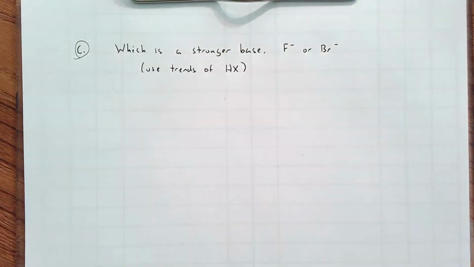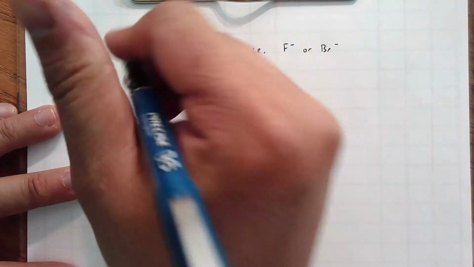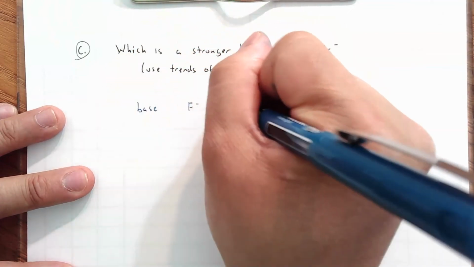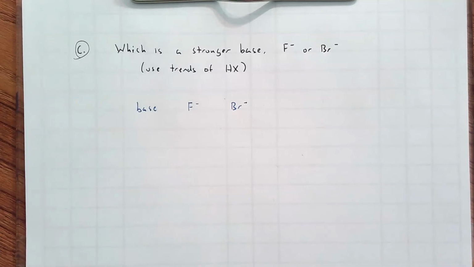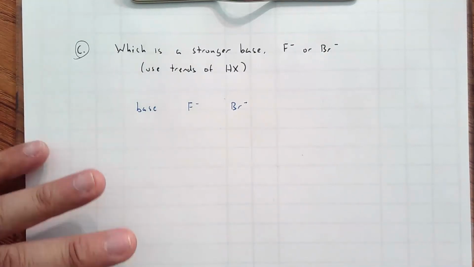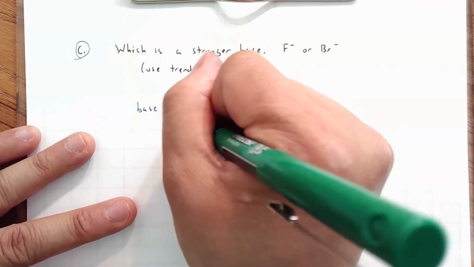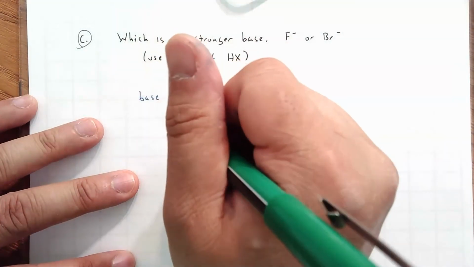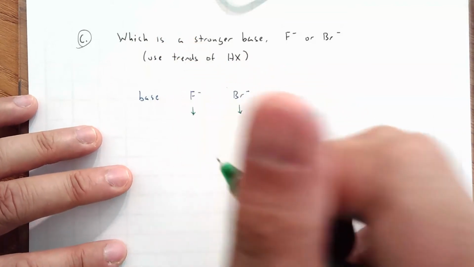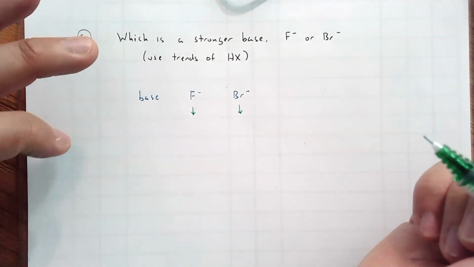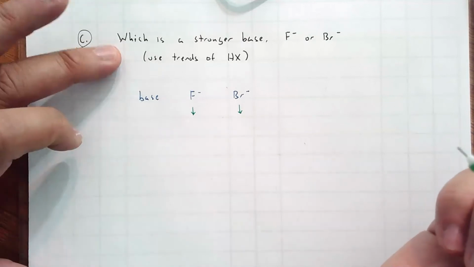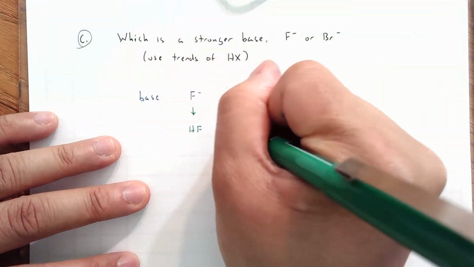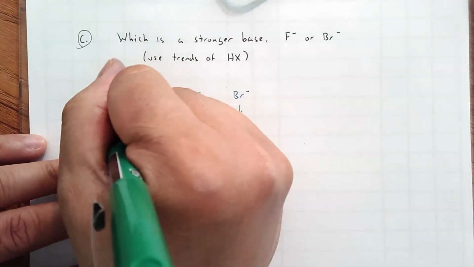Hydrogen halide. Okay, again, do this stepwise. You have your base that you're comparing, F minus versus Br minus, and go ahead and do the work. Don't take any shortcuts with this because it's very easy to get turned around and look up the wrong Kas. In this case, it's kind of easy to reverse the trend by accident. So here we have HF. You have HBr because we are drawing again the conjugate acids.